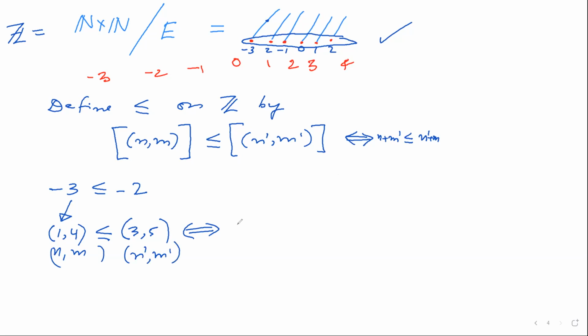N plus M prime, 1 plus 3 is less than or equal to 1 plus 5, sorry, is less than or equal to 3, M plus M prime. No, N prime plus m. You see? So this works.